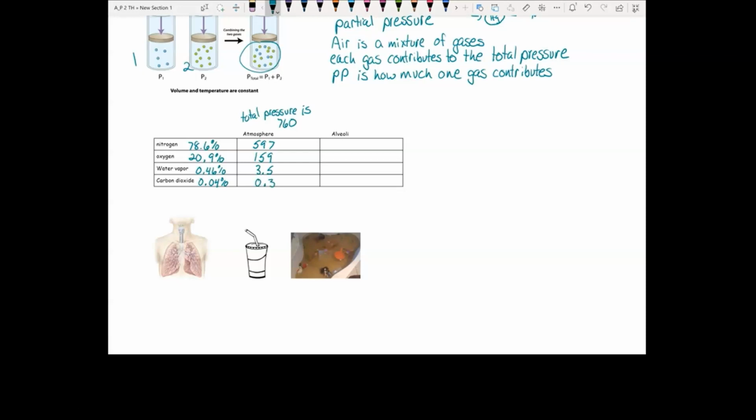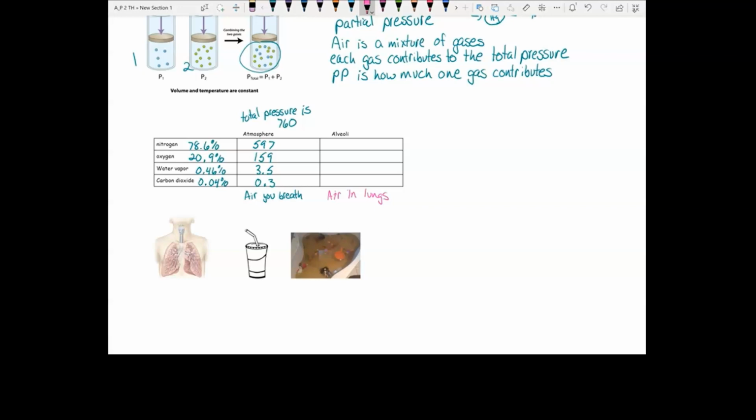So now notice this column says atmosphere. So this is the air you breathe. This is what is in the room around you. The next column is alveoli. This is the air in your lungs.